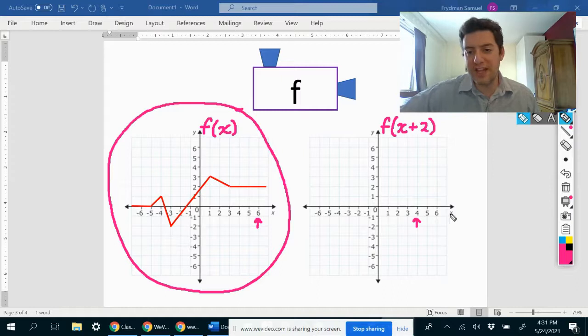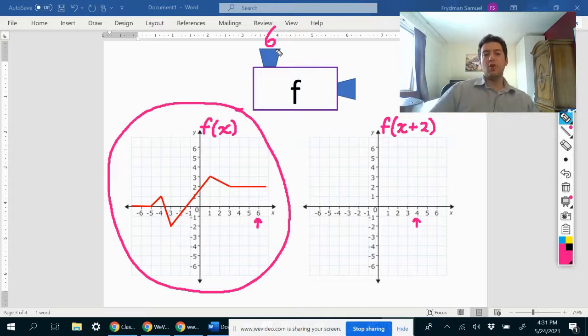Over here, if x is 4, 4 is not the number that I'm putting into the function machine, because first we're going to add 2 to the 4 and we would get 6. So actually 6 would be the number that we put into the function machine.